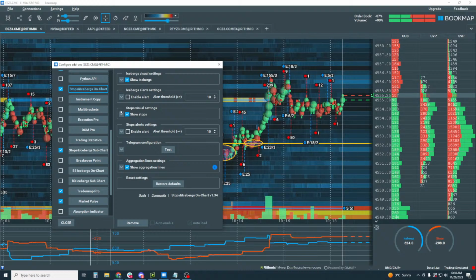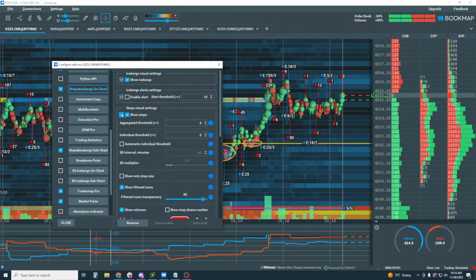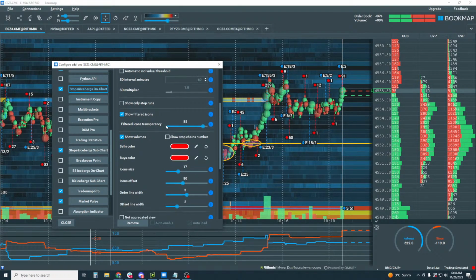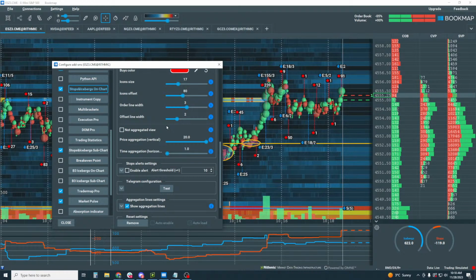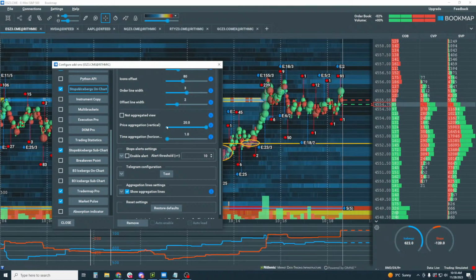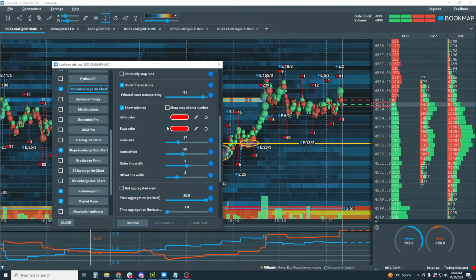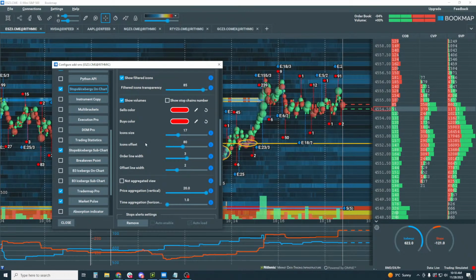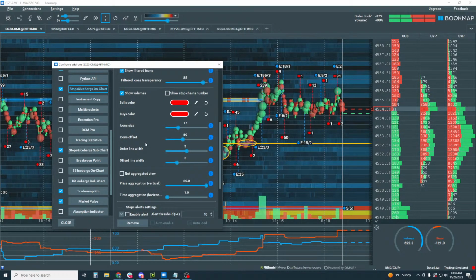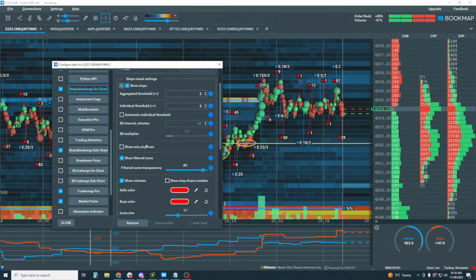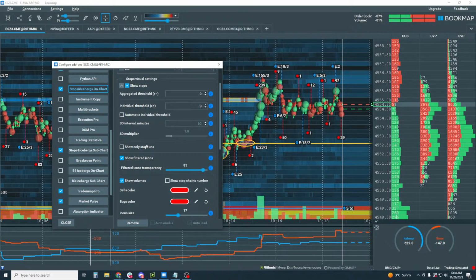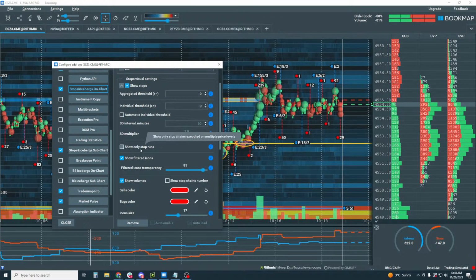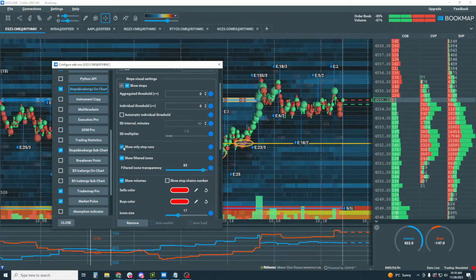right, we're looking at in here, hold on, where is it? Not aggregated. Show only stop runs, right?